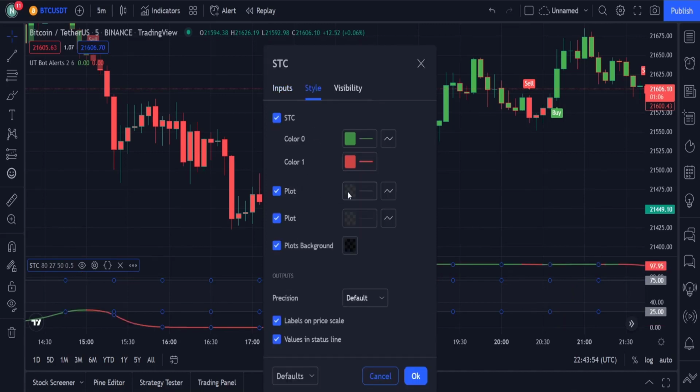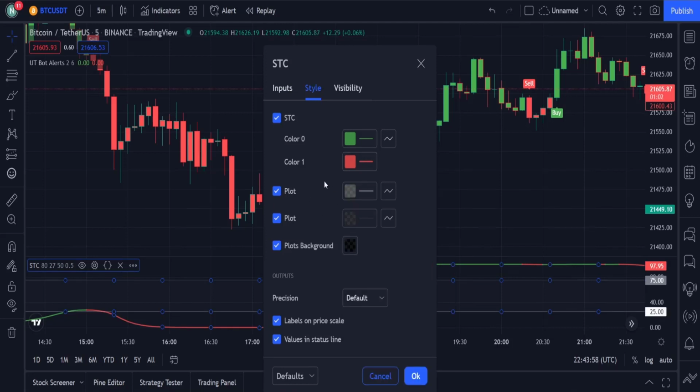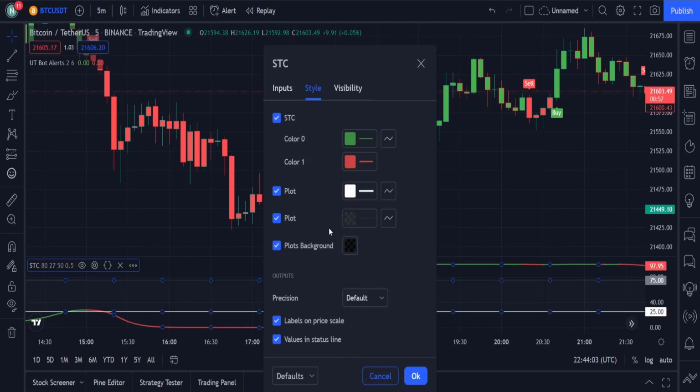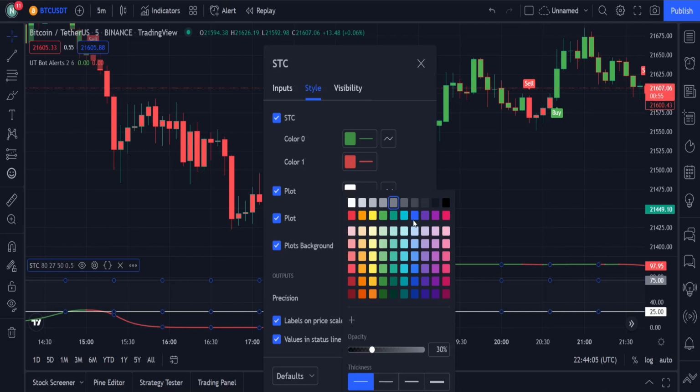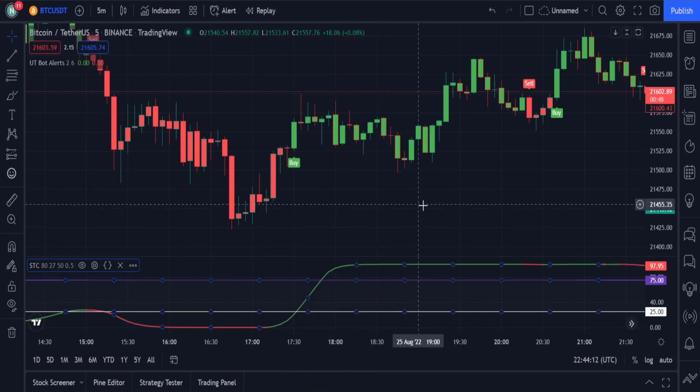And then we're going to make some changes in the styles too. So here we're going to make these plot lines more prominent by choosing some prominent colors. And we're also going to make it very solid so it's easier to see. And then we're going to make the second plot line purple and move the opacity to 100, so it's like a solid line. Click OK.